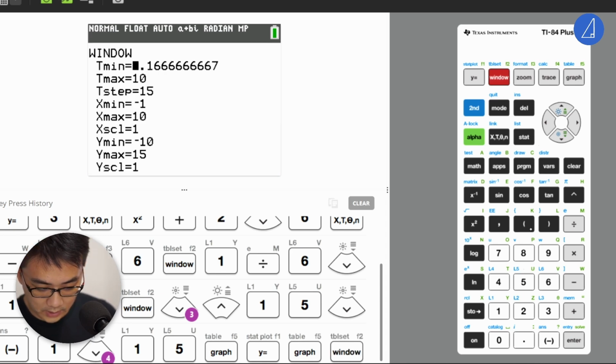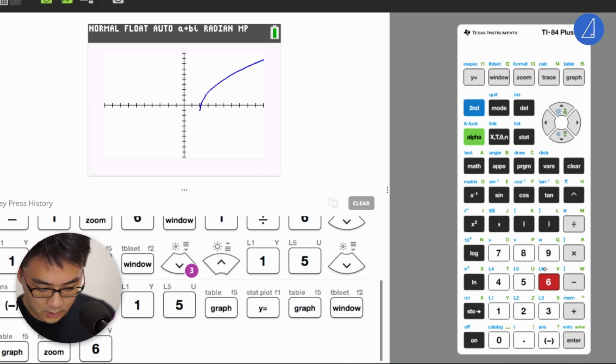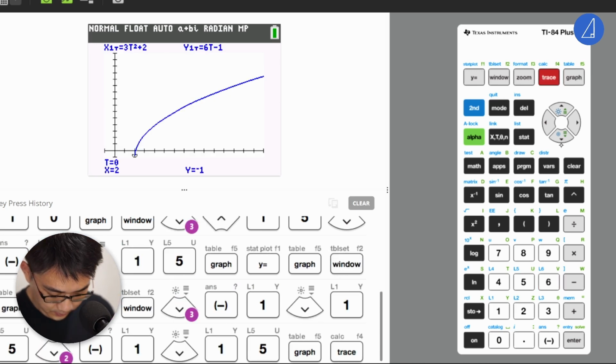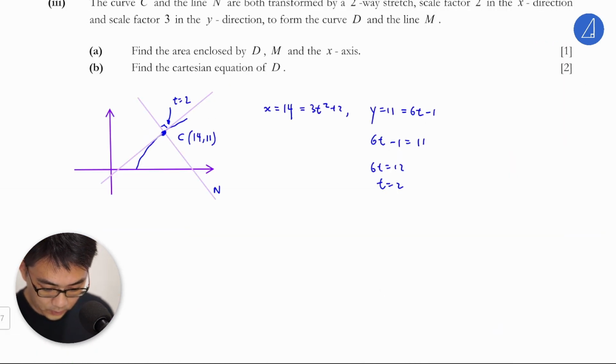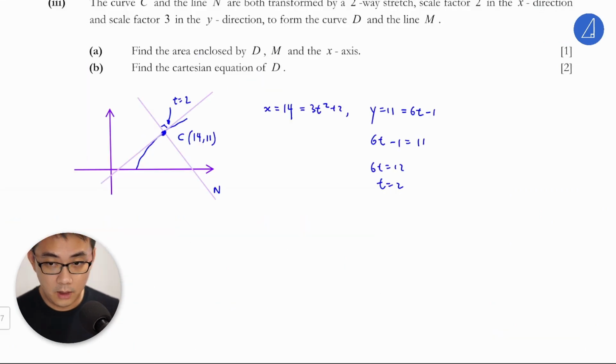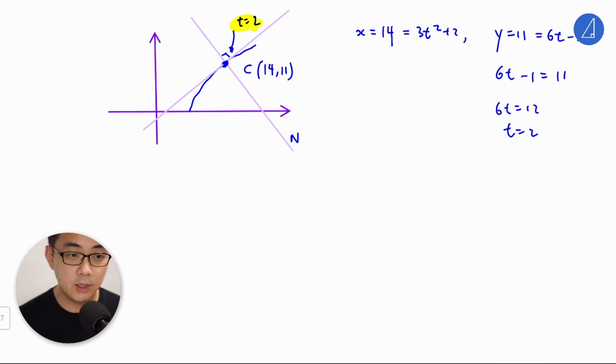So this is the graph we're looking at. Just press trace and key in the parameter of 2 to give you the point (14, 11). So this point here is important.